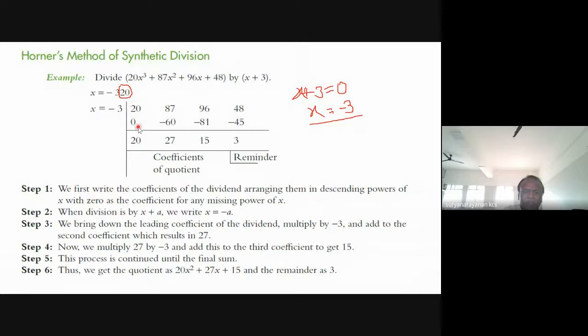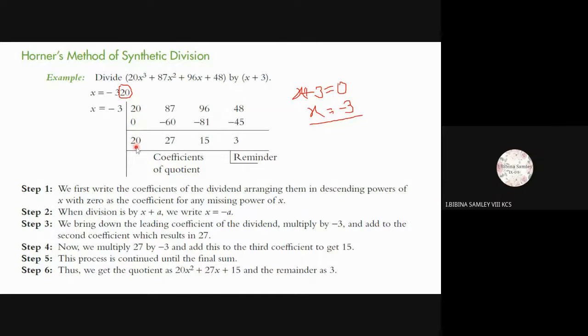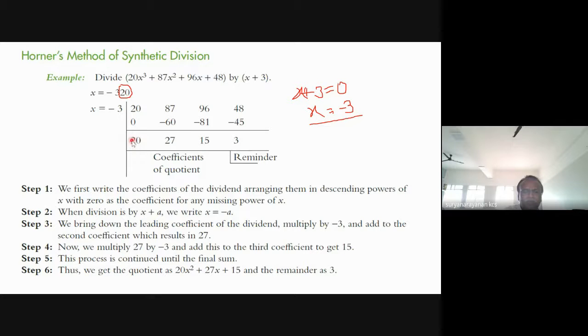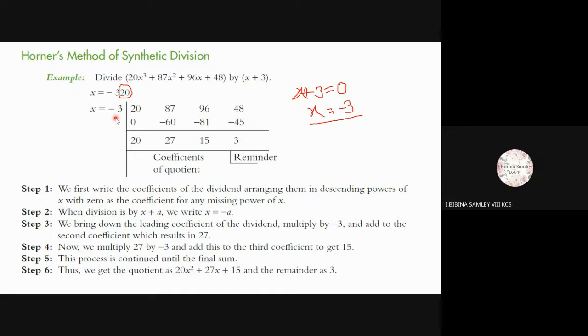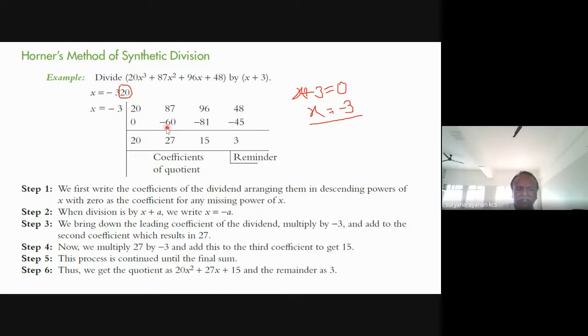20 plus 0 gives 20. After getting this number, remember, we have to multiply this number with the multiplier. Then what will you get? 20 into minus 3 is minus 60.